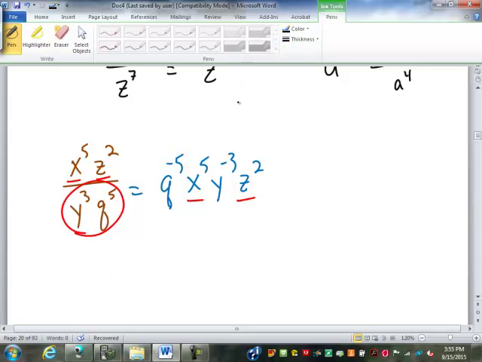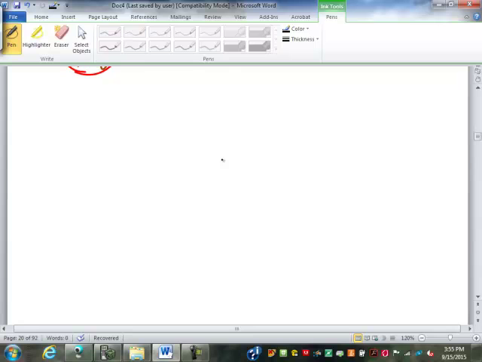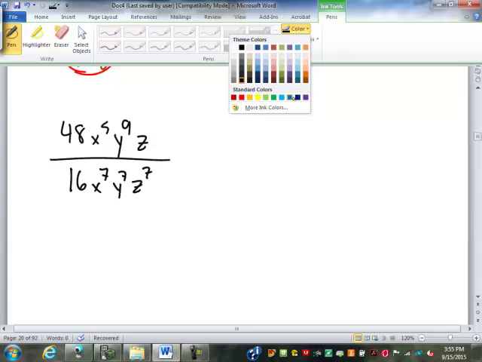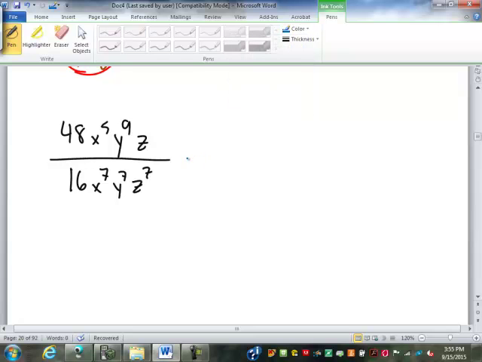The other side of that, let's just write out a problem here. 48 x to the 5th, y to the 9th, z, divided by 16 x to the 7th, y to the 7th, z to the 7th. 48 divided by 16 is 3.